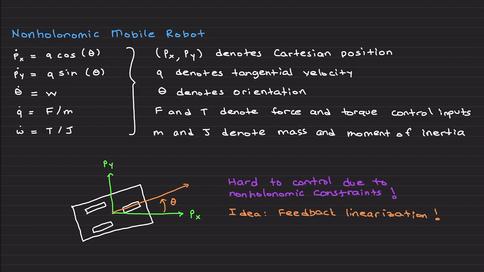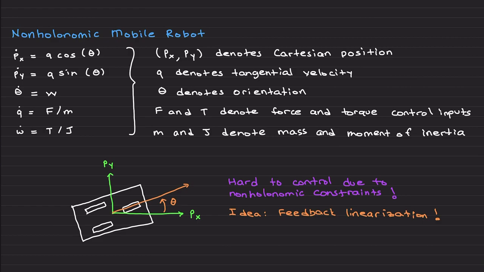So let's say you have this orientation. Then the motion on px is the tangential velocity q multiplied by cosine of theta. The change in py direction is q multiplied by sine of theta. You have some velocity and you multiply it by this sine; this is how py dot changes.